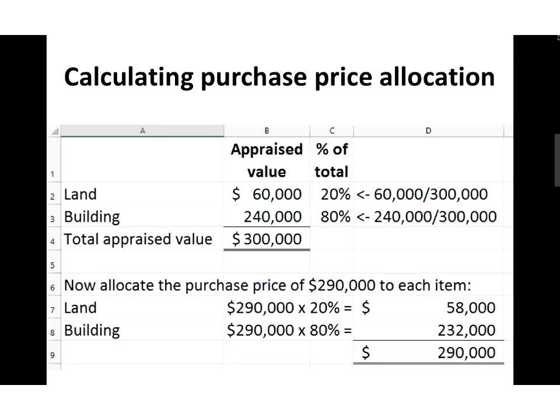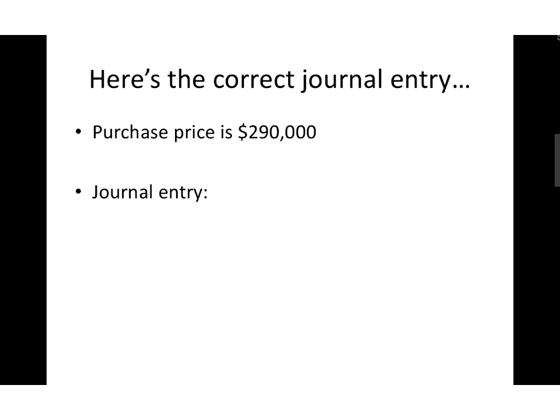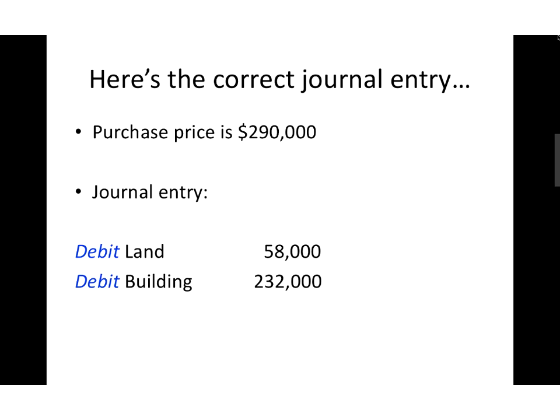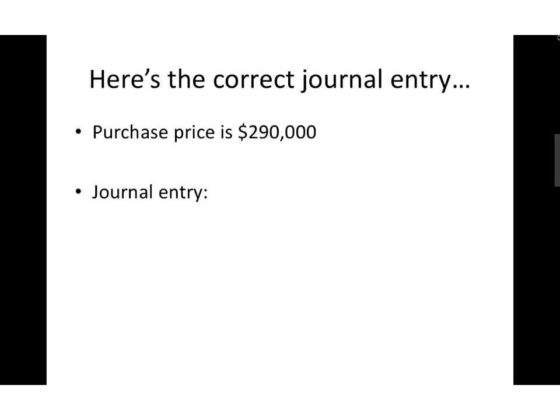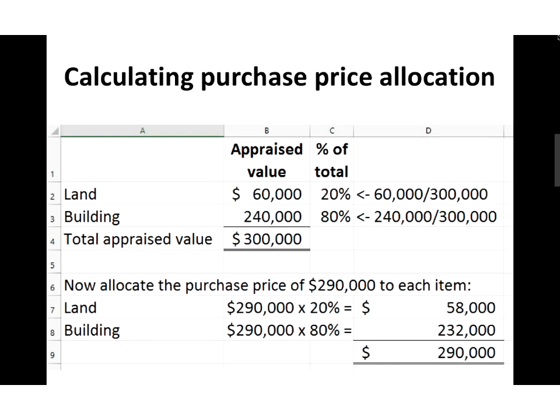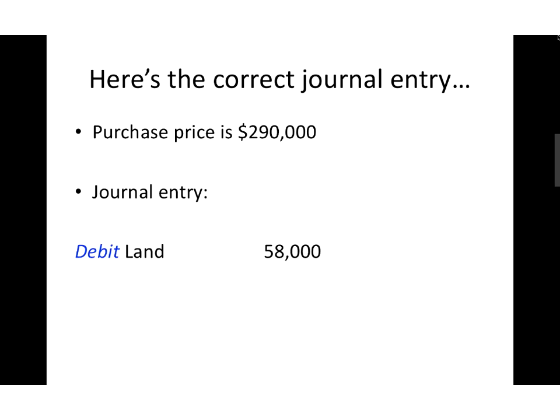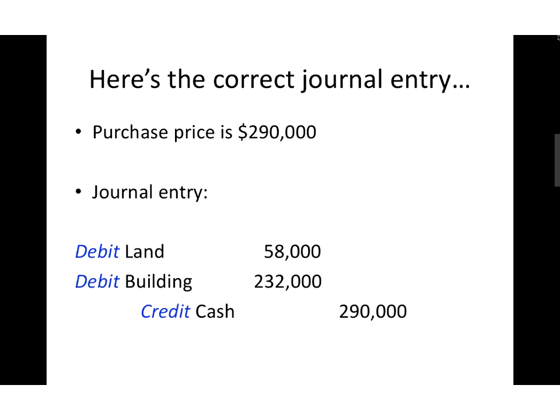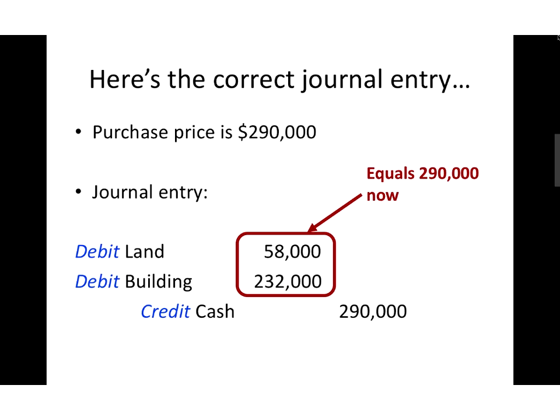So when I go back to do that journal entry, it is going to be land $58,000, building $232,000. Those numbers are coming from allocating based on the 20 and 80% of the appraised value. And then the cash. So now our journal entry is in balance.